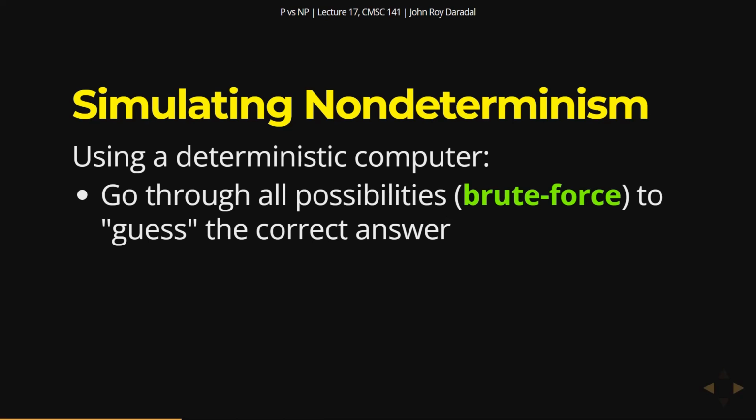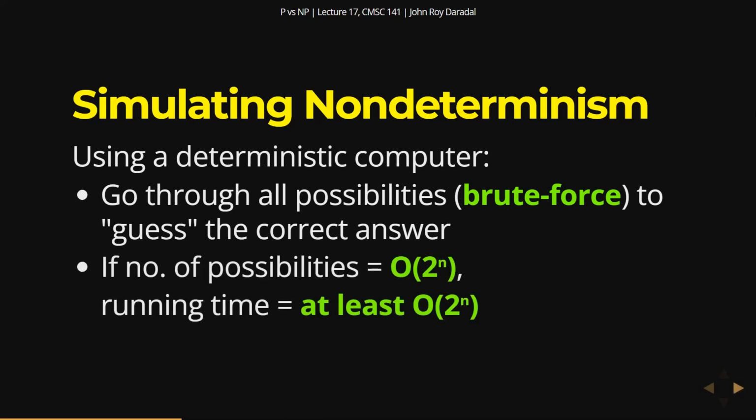So go through everything to search for the minimum solution or the maximum solution, depending on the problem. But if the number of possibilities is exponential, so O of 2 raised to n, then the running time of your brute force algorithm will also be at least O of 2 raised to n, which is exponential. And this is the bad news, okay? Because if you simulate it, you will have an exponential number of solutions, so going through all of them will take at least exponential time as well, okay?